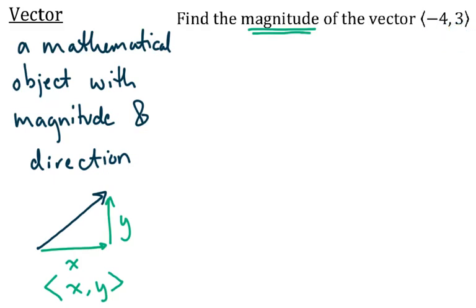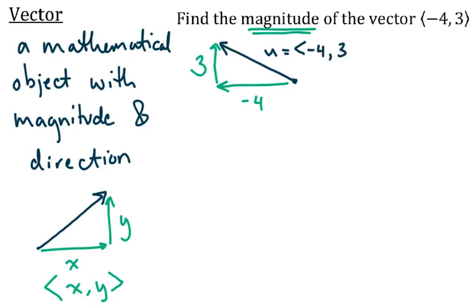If I start at a point, the horizontal component tells us we go -4, so we're going this direction because it's negative, and then +3, so up 3, and our vector in between them, this is not great to scale, but it's close enough, would be the vector, maybe we'll just call it u, of ⟨-4, 3⟩.